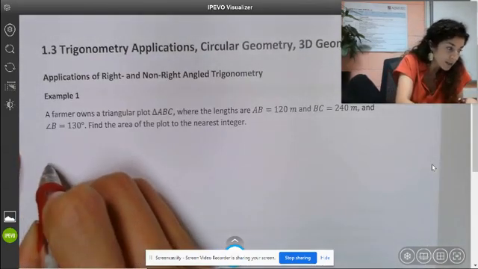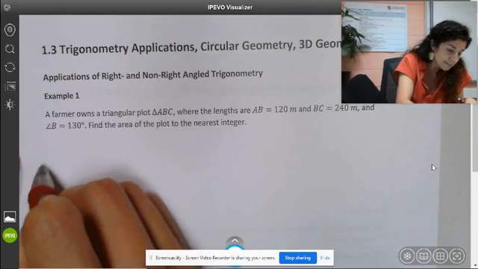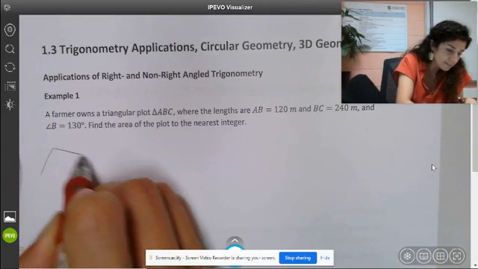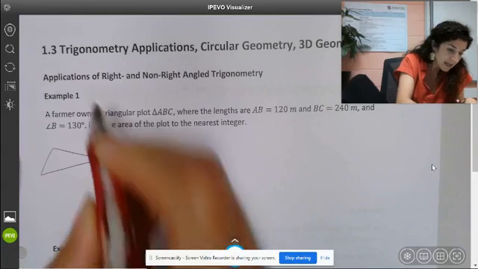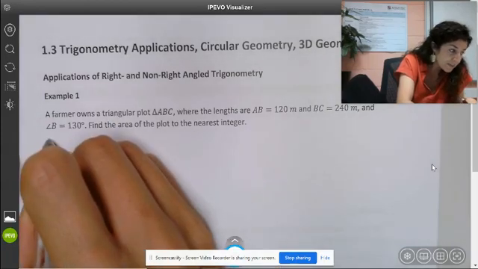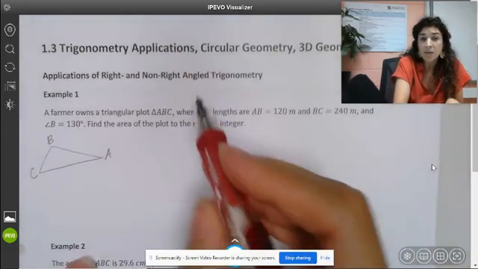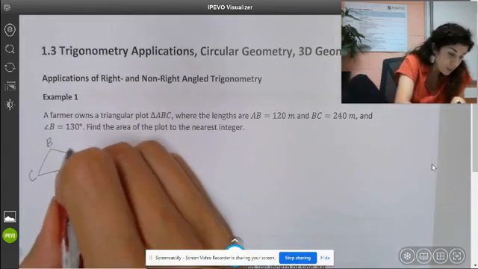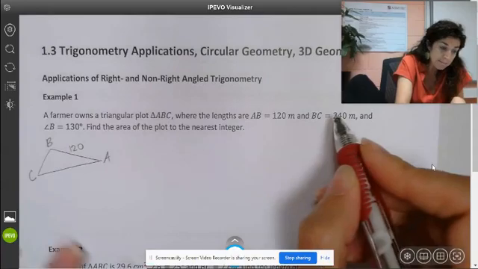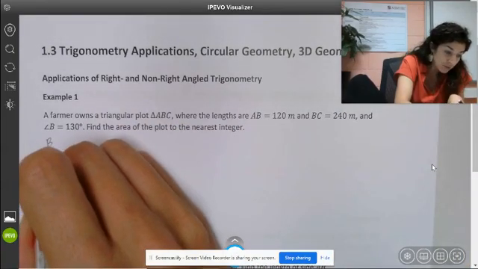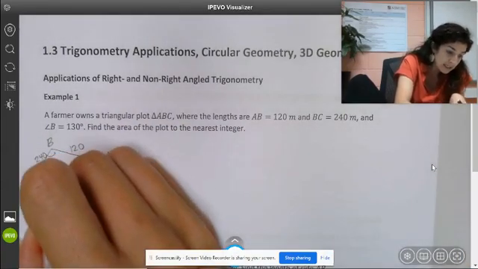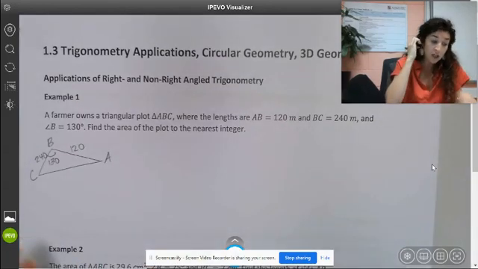So for instance, if I were to draw something like this and label it A, B, C. It says that AB is 120, BC equals 240, and angle B is equal to 130.